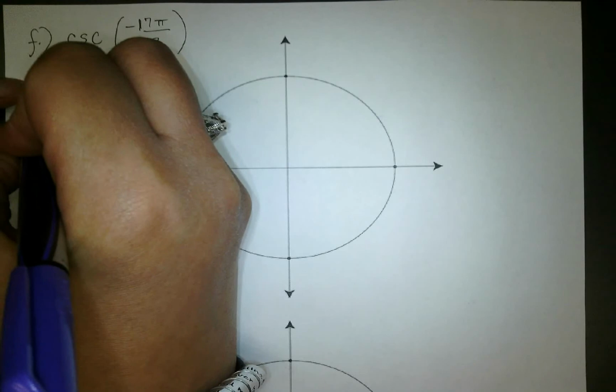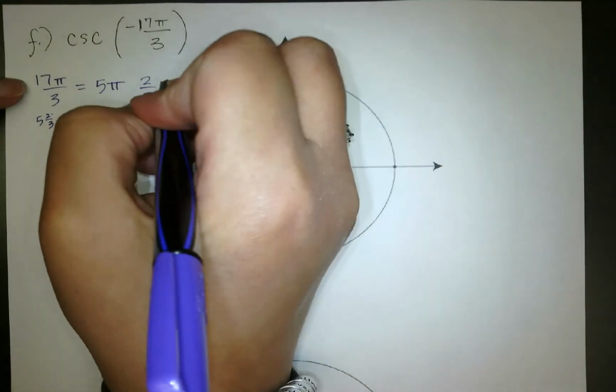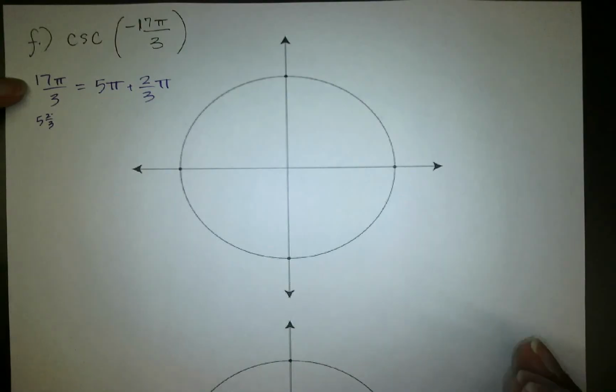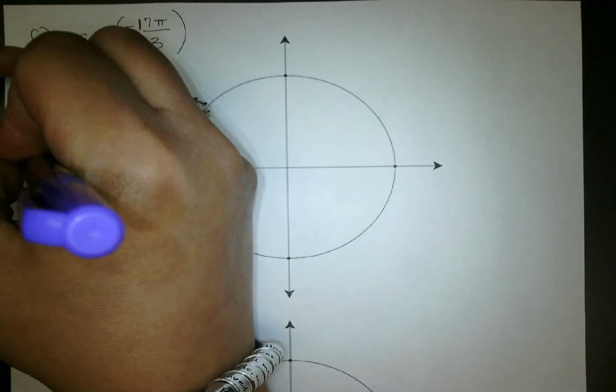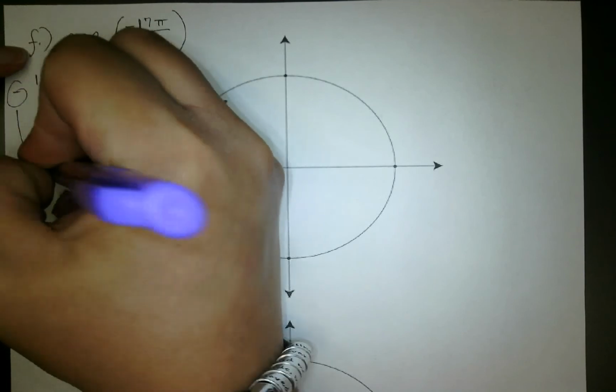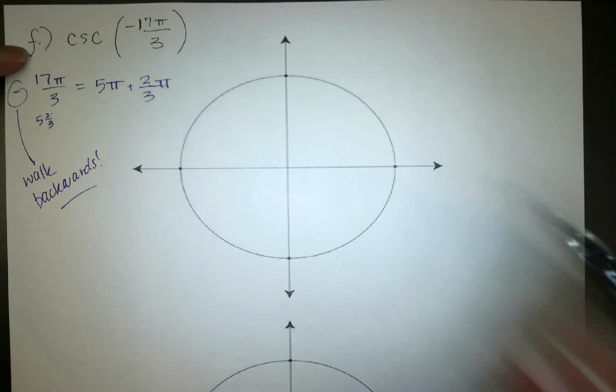So 17 over 3 is 5 and 2/3. Okay. So I need to walk around 5 pi times and then 2 pi over 3. But it's negative, and negative means to walk backwards. It does not necessarily mean your answer is going to be negative.